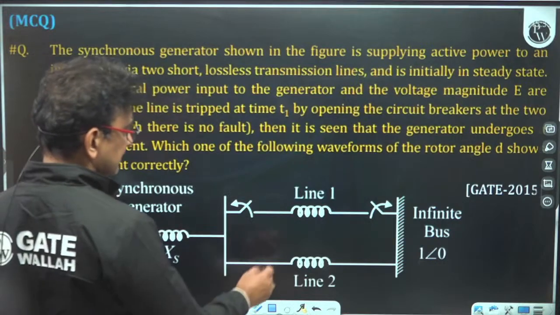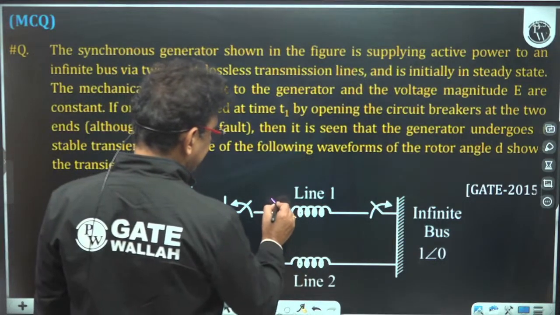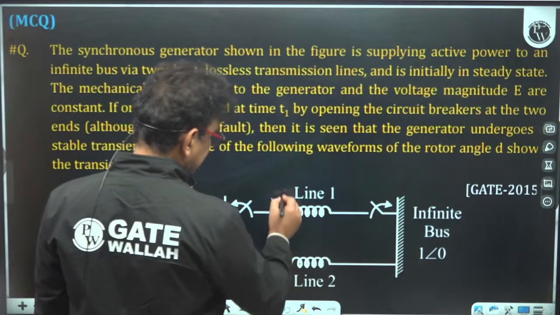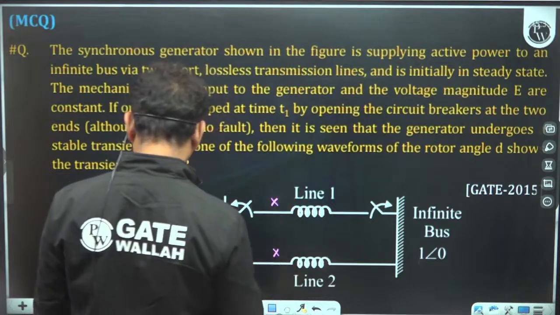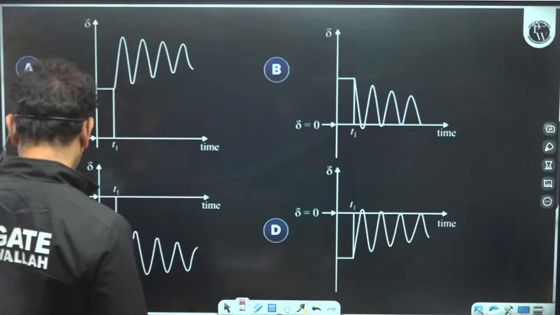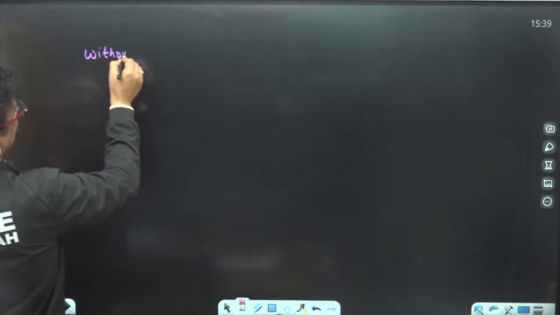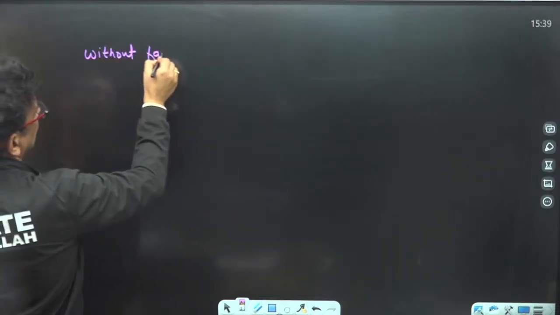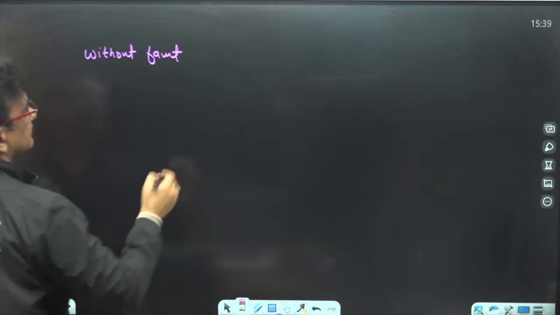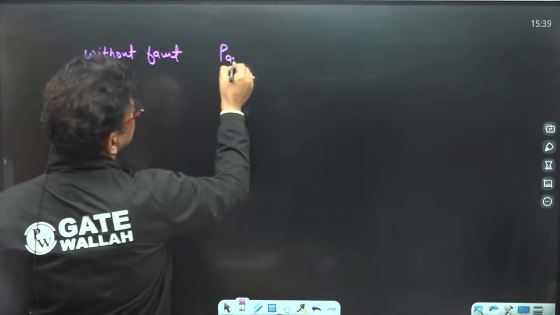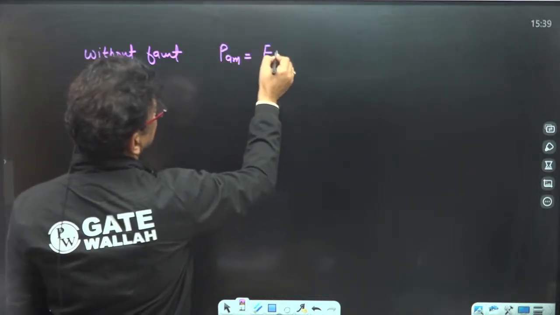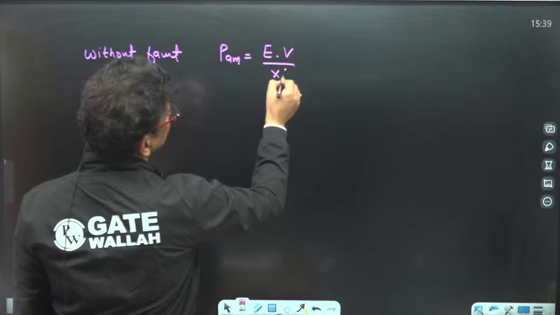See, initially both lines are in the circuit. Suppose the reactance of one line is X. So overall reactance will be X by 2 without fault. So without fault, the P_a is nothing but E into V divided by X by 2.